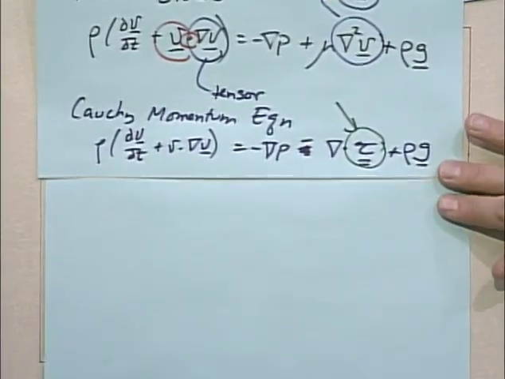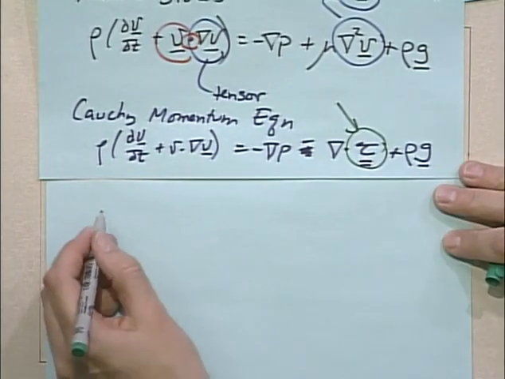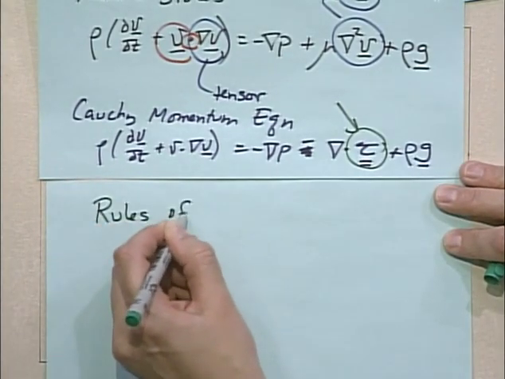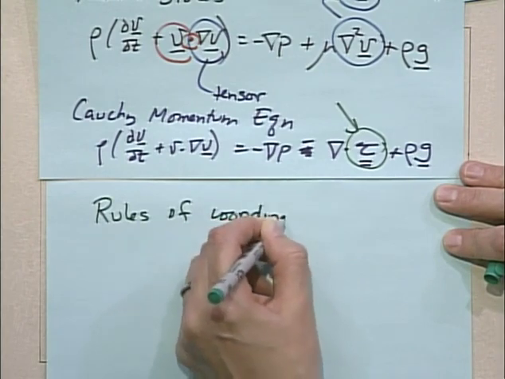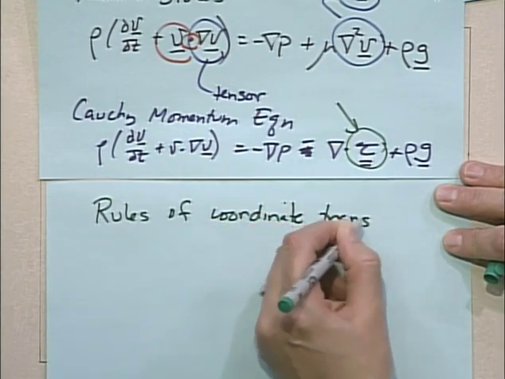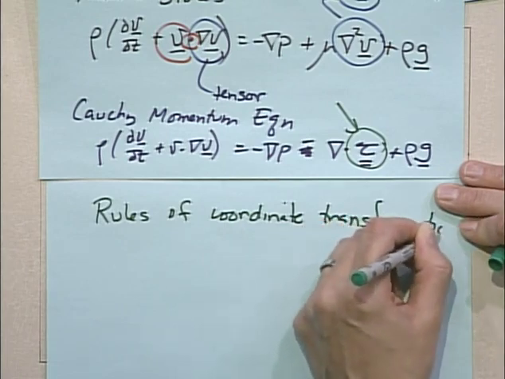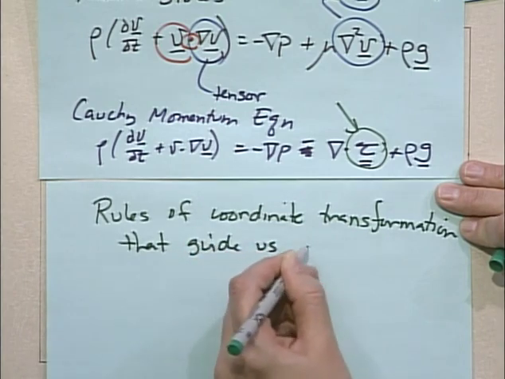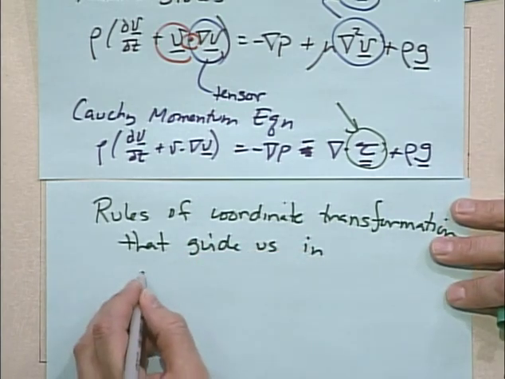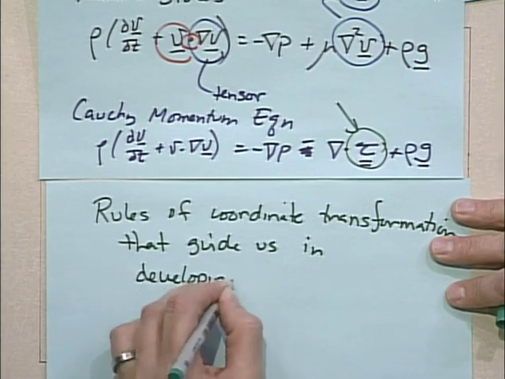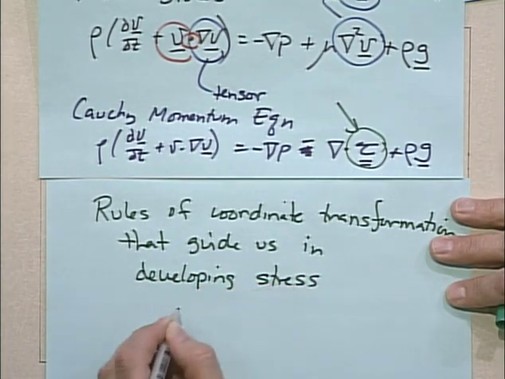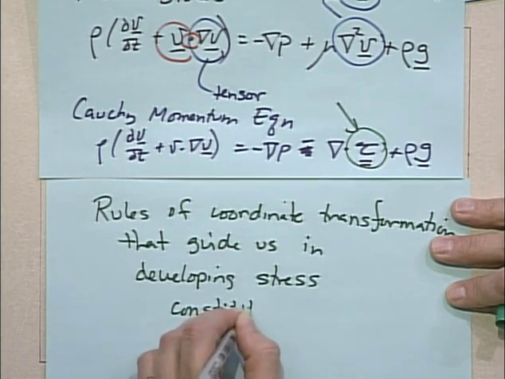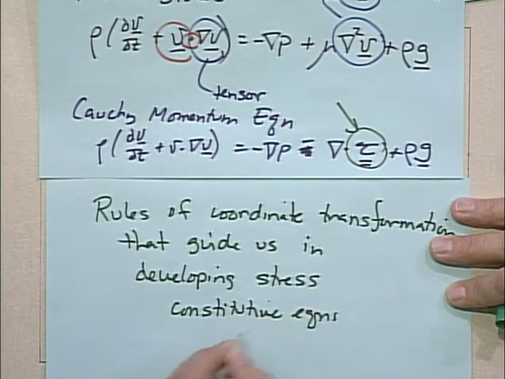And what we're going to find later in the term is that there are rules of coordinate transformation that guide us in developing constitutive equations for polymers and other non-Newtonian fluids.